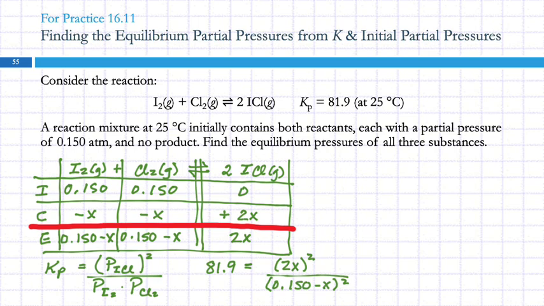And then on the bottom, I've got in parentheses 0.150 minus x, close the parentheses, squared. Start with x equals 0. 0.12285, blah, blah, blah.